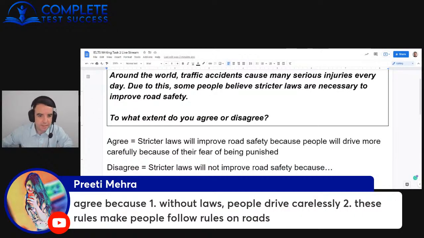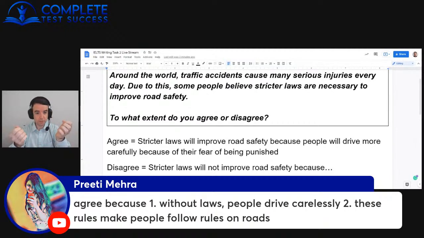Preeti: agree because one, without laws, people drive carelessly. So the question isn't about laws, it's about stricter laws. So there are already laws in place. So it's not that we're comparing some laws with no laws.